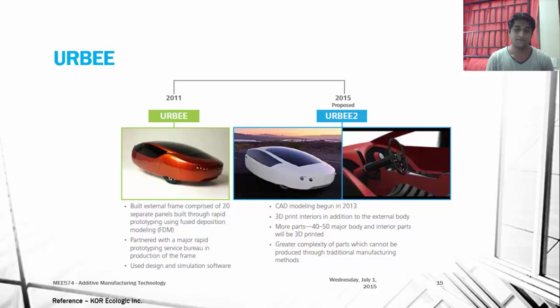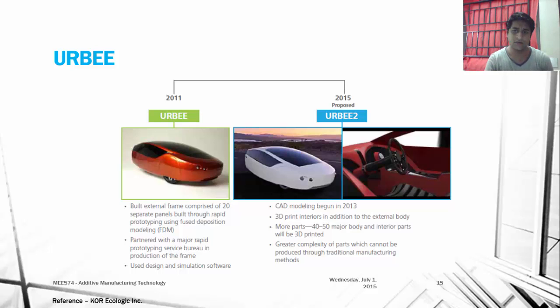The external frame was composed of 20 separate panels built through RP processing. The usual method was FDM. Then the next step was they partnered with a major rapid prototyping service bureau and used design and simulation software to build the RB.